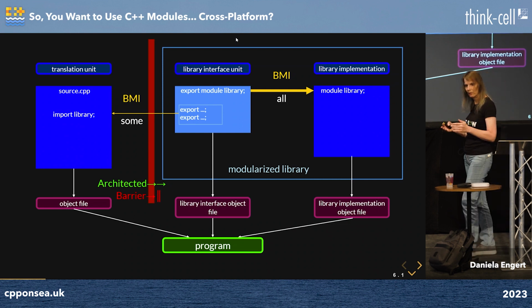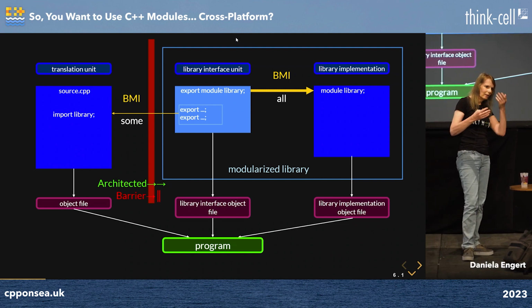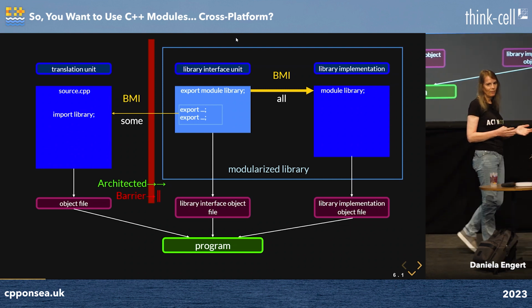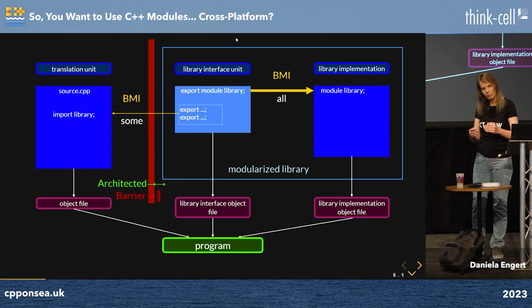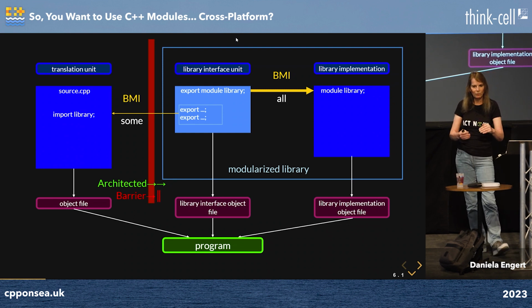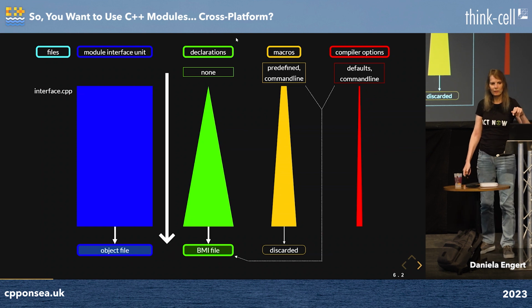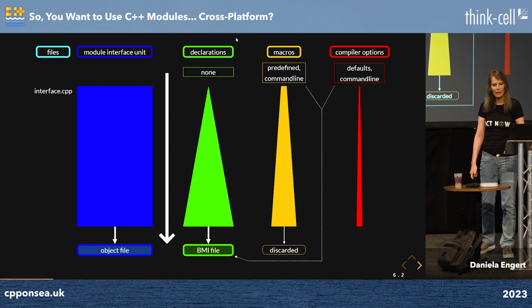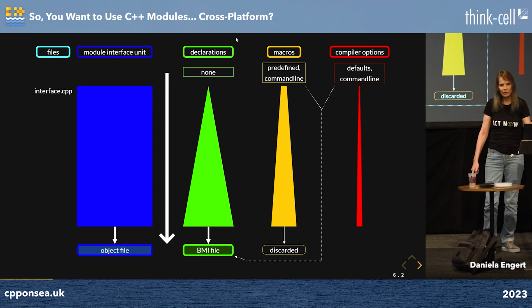So you are no longer forced by the language requirements what you put into your translation unit with the interface. Now you can put what you want and only make the parts that you actually want to make the interface known to the importers of your module. On the compiler side, this means you're no longer throwing away all the definitions and declarations that have been collected during the compilation of the module interface, but now everything in there gets written to the build module interface.